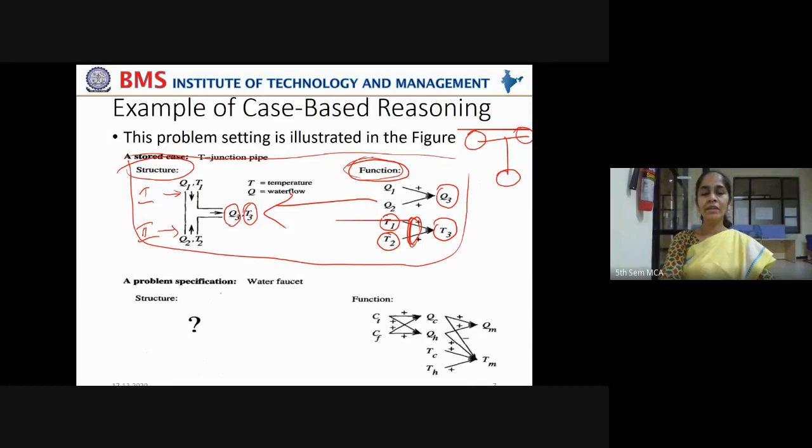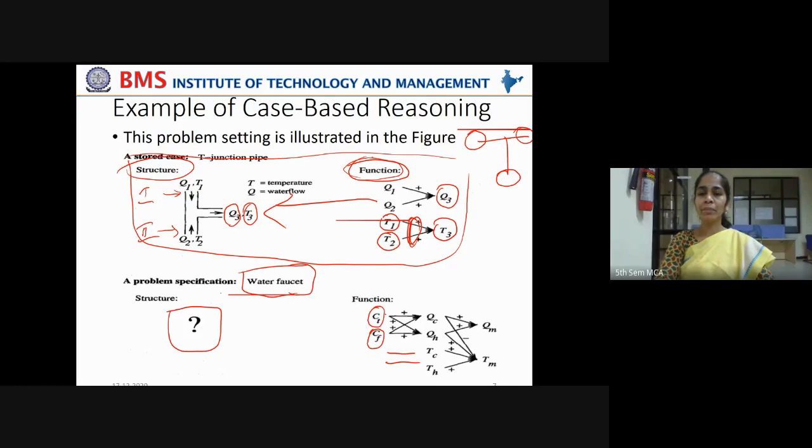Now, let us take a problem specification of designing a water faucet. Water faucet means simply a tap, that's all. Now while designing the water faucet, what should be the structure when this functionality is required? What is the functionality here? Say CT will represent the temperature and CF will represent the flow of the water.